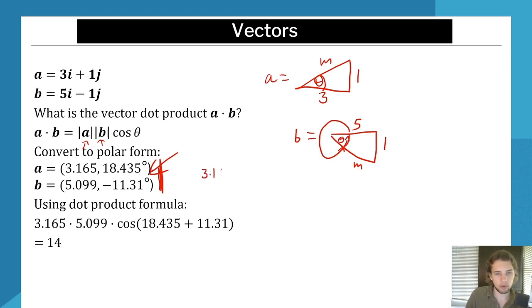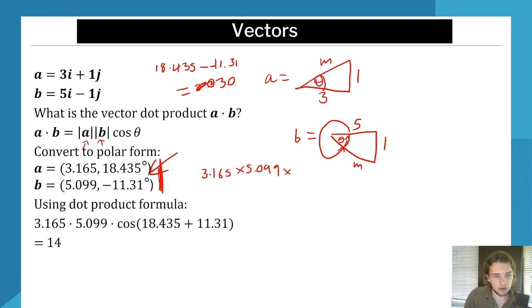Now that we have it, we can apply it. We can do 3.65. That's a magnitude times a magnitude, and then times the difference in angle. The difference in angle is 18.435 minus 11.31, which is some value somewhere around 30.